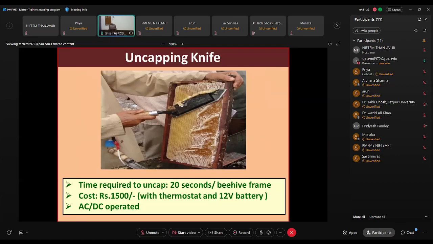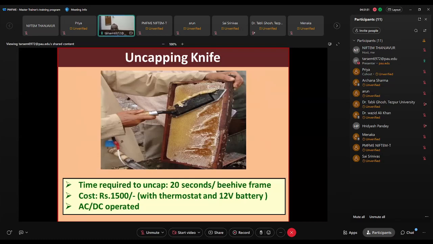So it can be AC or DC operated, and it is a very effective machine. Many farmers in Punjab state who are commercially producing honey are using this equipment, and it gives very good results and very easy operation.